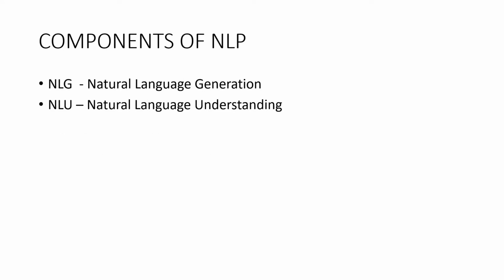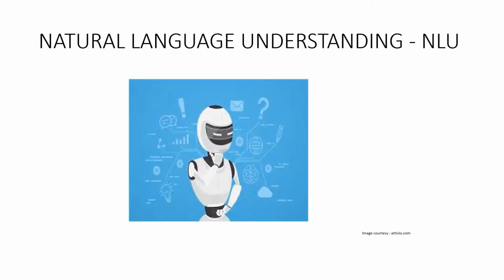Let's discuss the components of NLP. As we discussed, there are two components. One is NLG, natural language generation, and the other is NLU, natural language understanding. First, we will discuss natural language understanding.